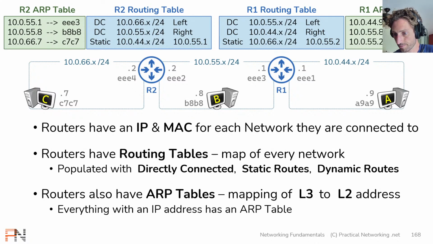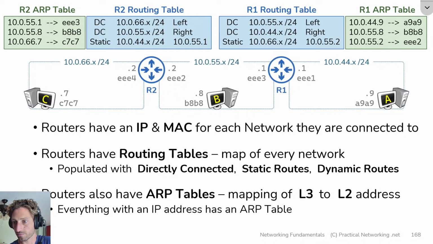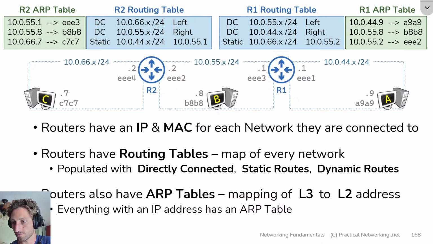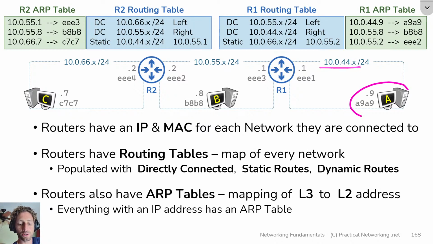Uh-oh, my face is in the way. Cool. There, I'm not in the way. Okay, so notice R1's ARP table has a layer 3 to layer 2 mapping for every node in a directly attached network to R1. So on the 10.0.4.0 network, the only other node is host A with the IP address 10.0.4.9.